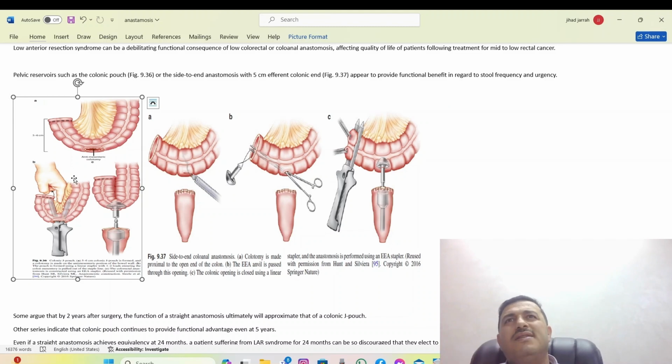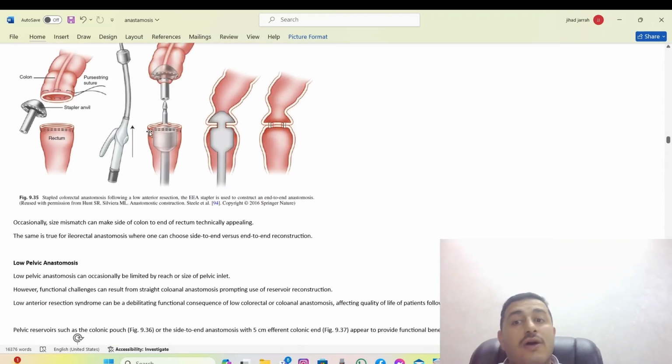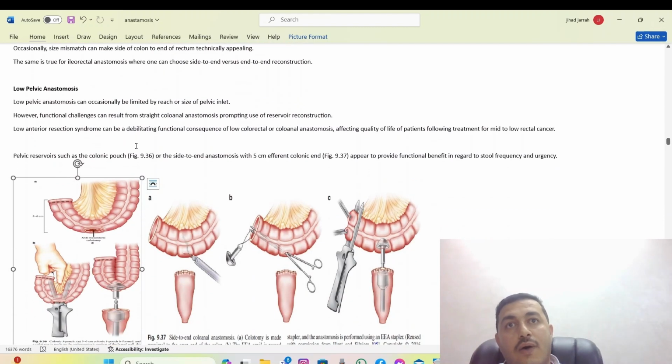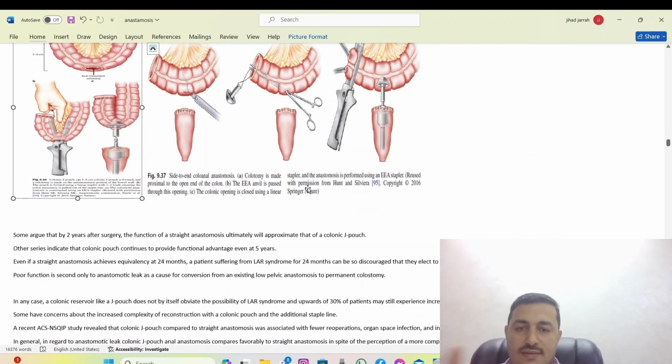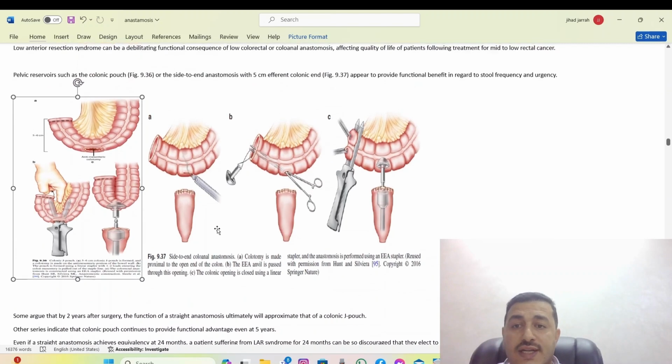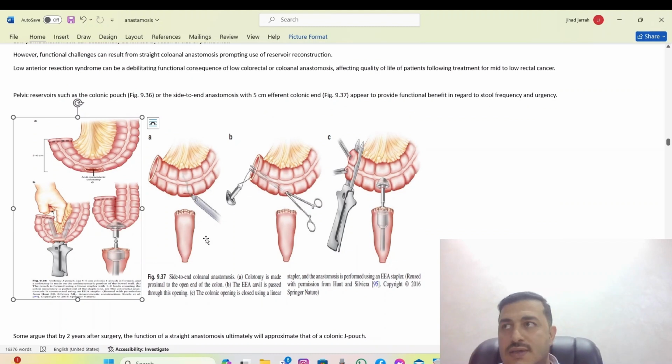What is not recommended is to construct an end to end anastomosis, such as this, after removing the rectum. Yes, some literature, and this is what's written here, says that even after 2 years, if we construct an end-to-end anastomosis, that means a coloanal anastomosis, accommodation will happen.